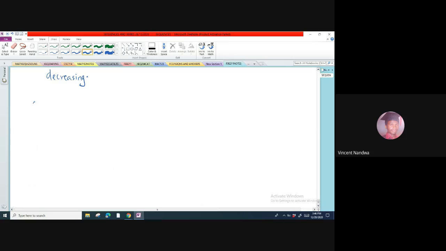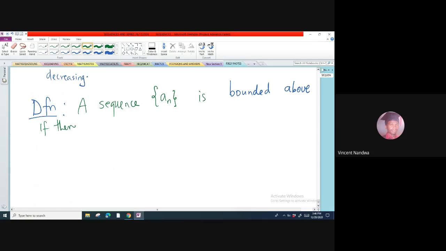So let's give another definition. A sequence an is bounded above if there is a number M such that an is less than or equal to M for all n greater than or equal to 1.